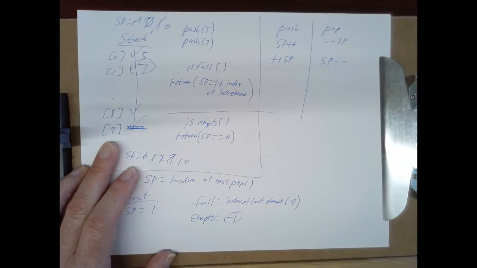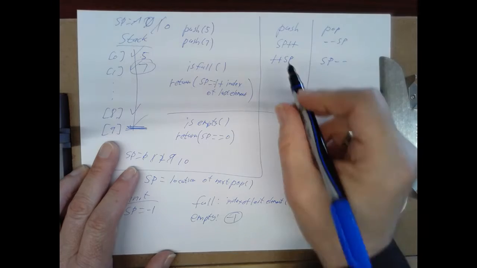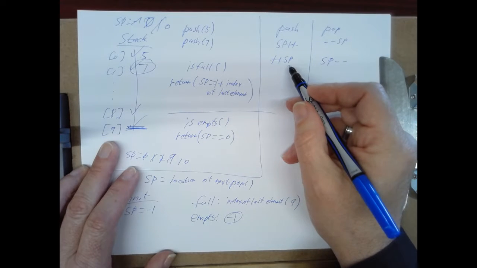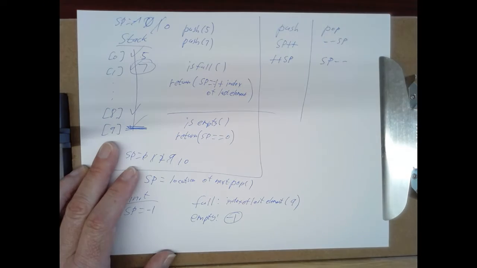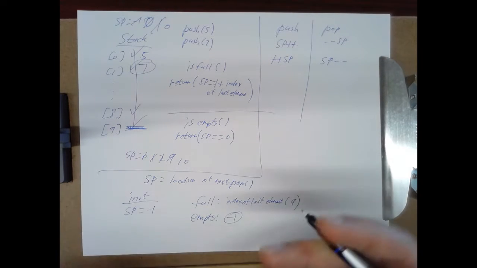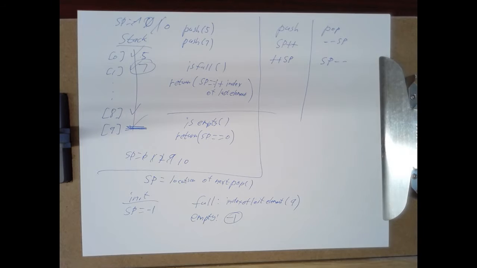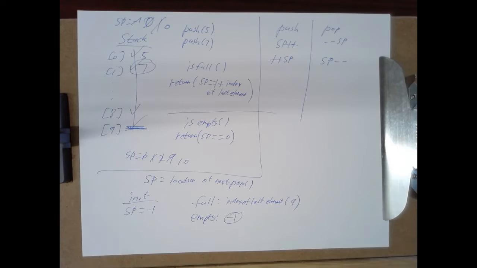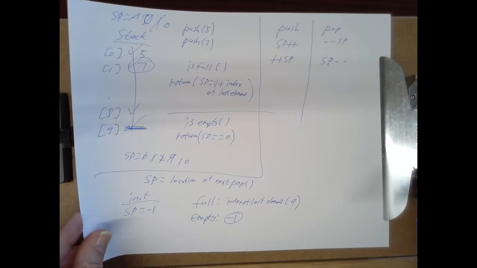That's where we're going to pop next. If we try to push again, it's going to increment the stack pointer to 10 and then store something at element 10, that's out of bounds. So our full and empty conditions change slightly. The initialization changes slightly. And the push and pop change slightly.